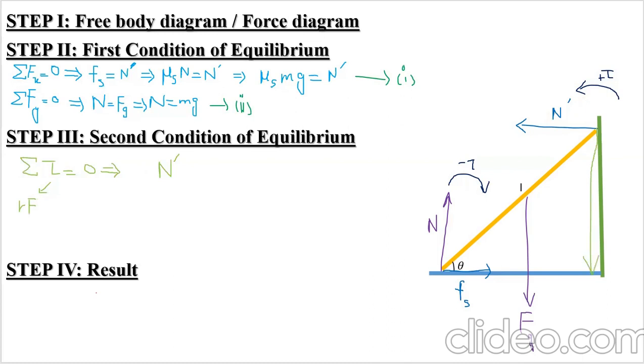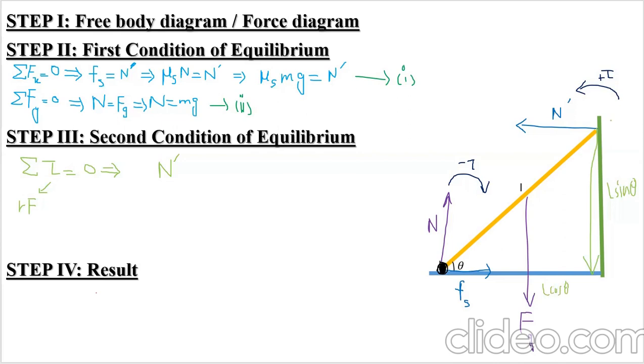So what you have to do, firstly, is consider the pivot point. We know that whenever we solve problems relevant to torque, we consider some pivot point or hinge point. So this is our pivot point, and the distance between this pivot point and this point is L. When we resolve this L into components, this would be our sine component, L sine theta, and this would be our cos component, L cos theta.